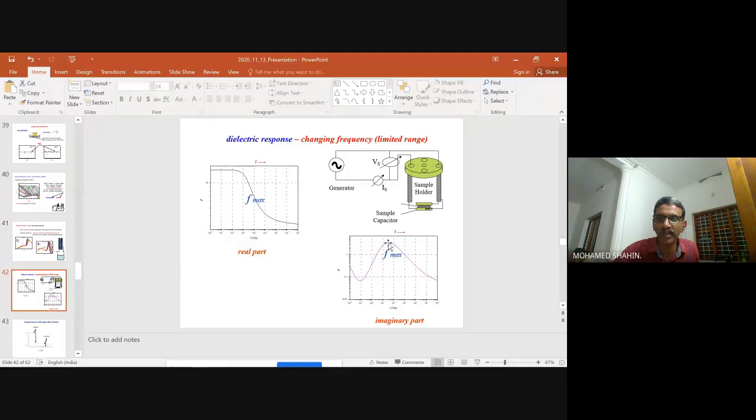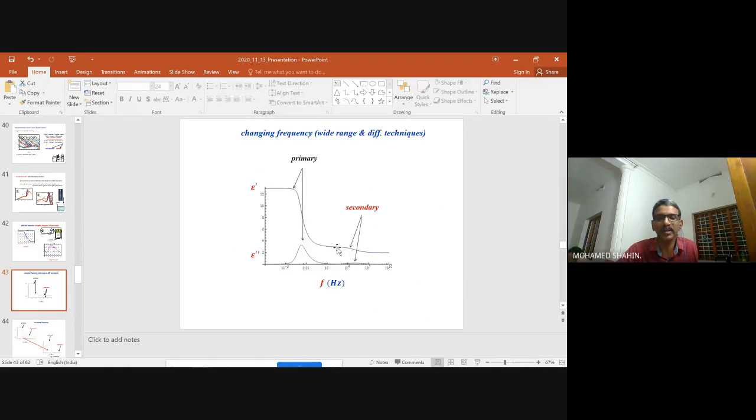Loss would have a maximum if it is a molecular system, which we call the peak loss frequency, and on both sides it would be coming down, and at low frequency again it is coming up. This shooting up is called the contribution from conductivity.